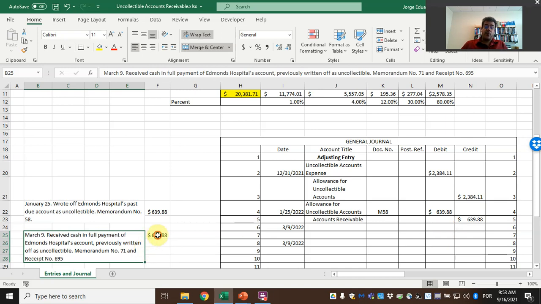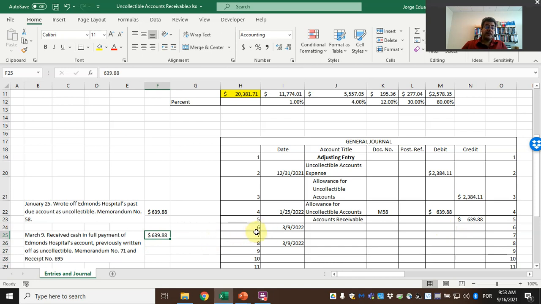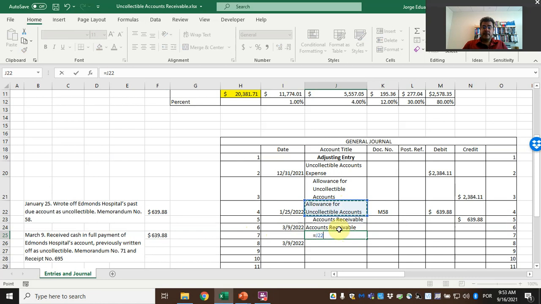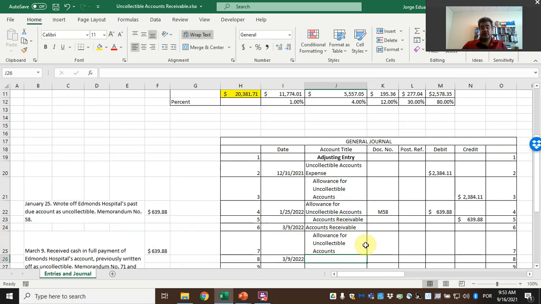So, whoa, we are collecting this money again. So we need two journal entries. The first one is to reverse this one here. So how do we reverse it? Debit accounts receivable, credit allowance for uncollectible accounts.